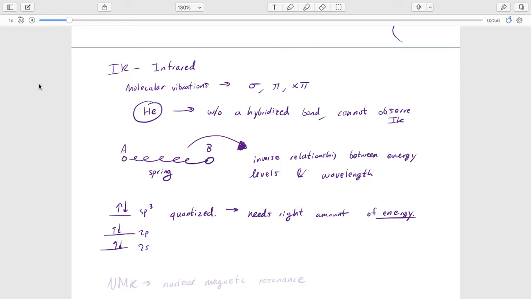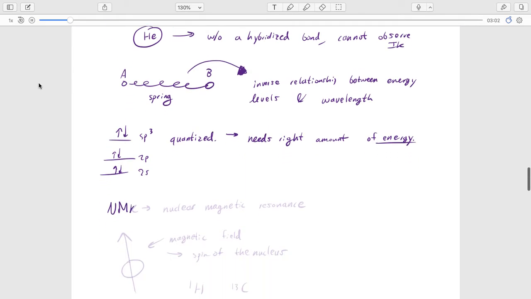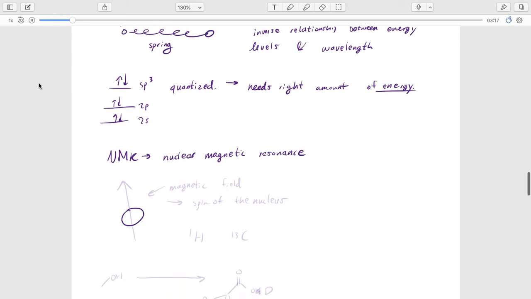So IR has to do with molecular vibrations. NMR stands for nuclear magnetic resonance. That's really all about where we've got a nucleus and a magnetic field, and we observe the spin of the nucleus.